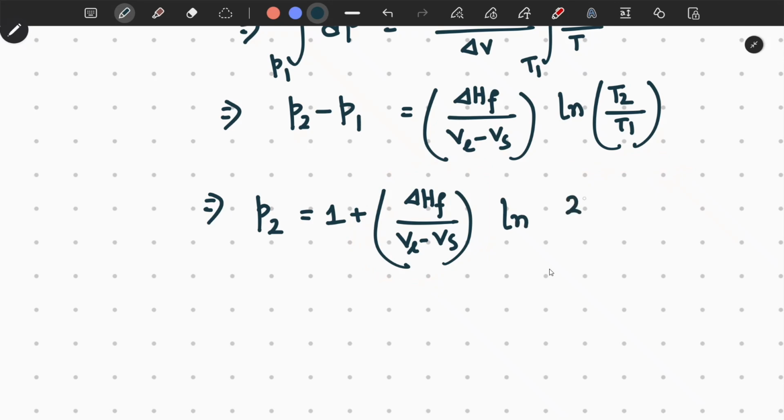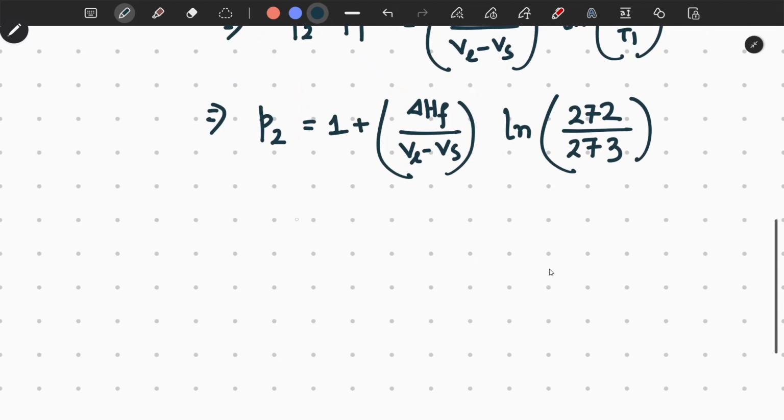So now it will be ln 272 by 273. First let us do this part totally, and this is in ATM. This is unitless. So we want to calculate this also in ATM. That we'll do later.